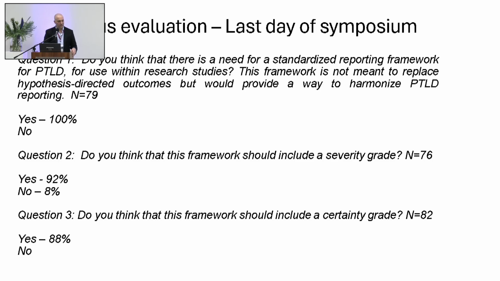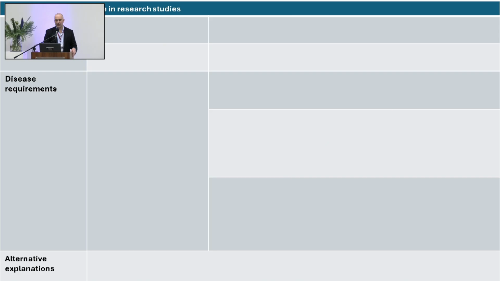So we had 100% consensus thinking that we should have a research definition, and 92% having a severity grade. And we talked about a certainty grade as well, certainty meaning how certain are you that they had PTLD.